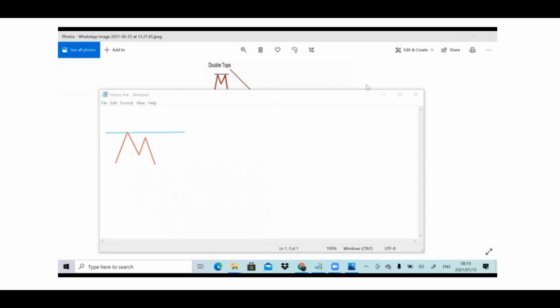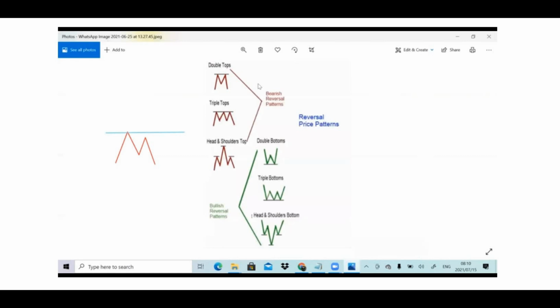It's not like here. It's not like here. Like here. So it's not always symmetrical. But mostly in the market, you'll find ones like this. Find another one like this. So the point is not symmetrical.